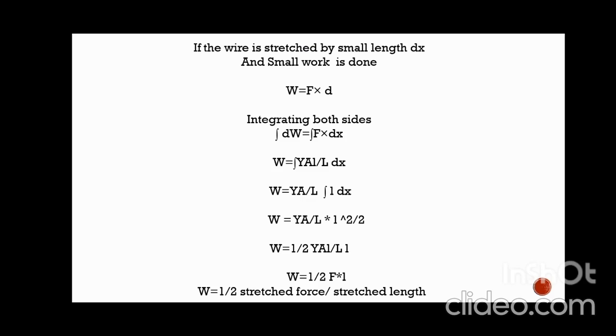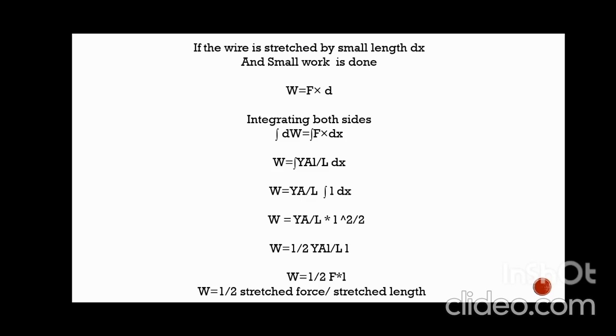Here Y, A and capital L, that is original length of the wire, are constant. So we should only integrate l. After integrating, we will get W is equal to YA by capital L into small l square by 2.